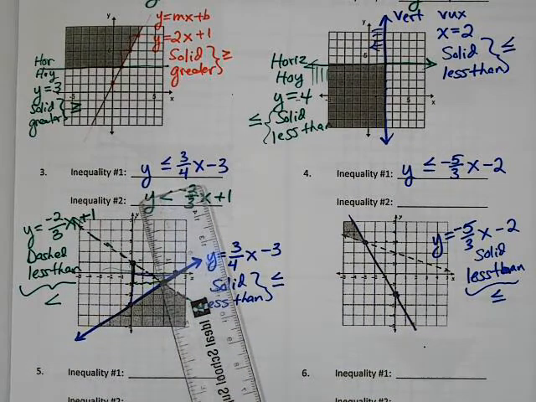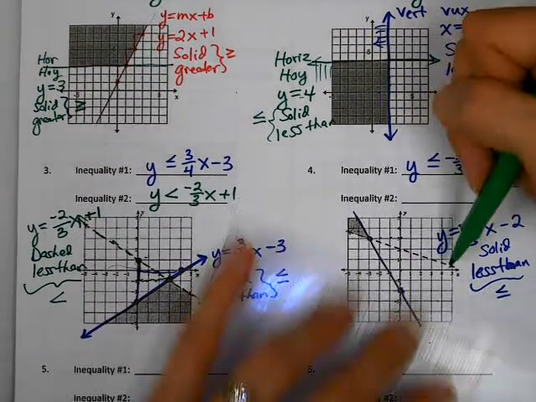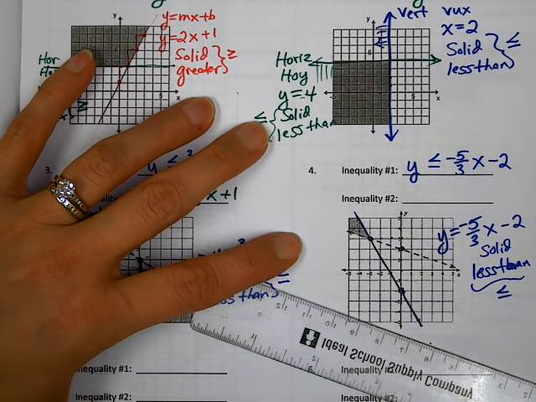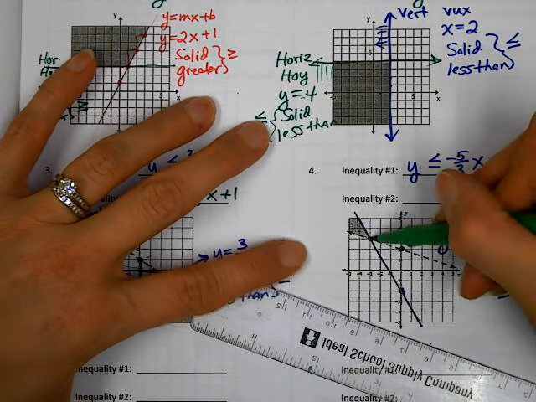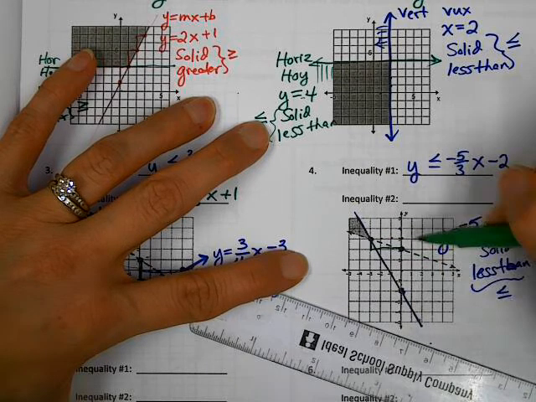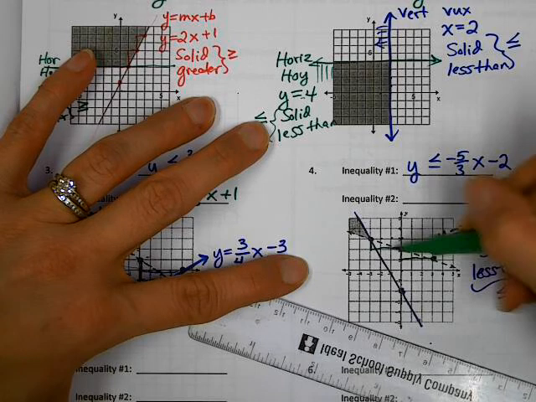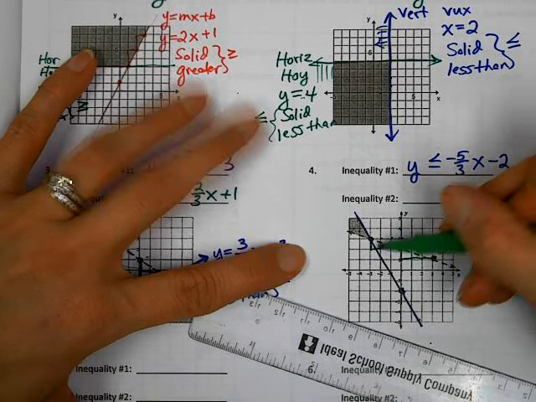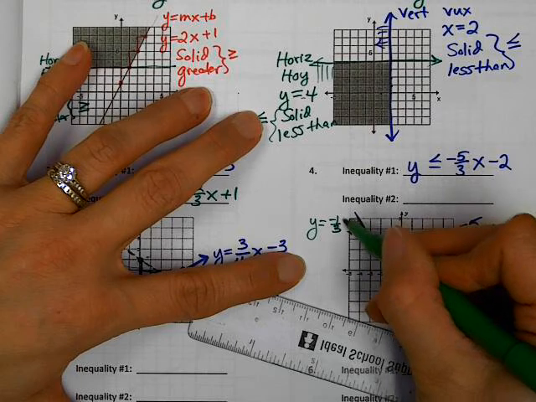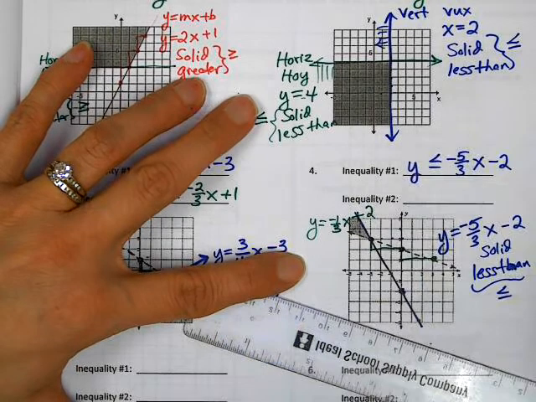Okay. And then the next one that we have is this dashed line right here. Okay, the y-intercept is 2. And I'm going to use this other point here. It looks like down 1 over 3. Down 1 over 3. Okay, so the slope is negative 1/3. Y equals negative 1/3 x, and the y-intercept was plus 2.